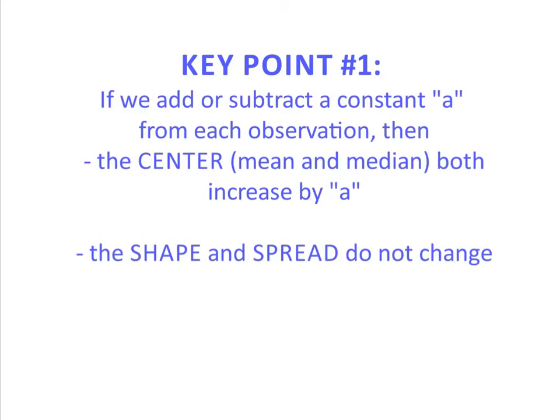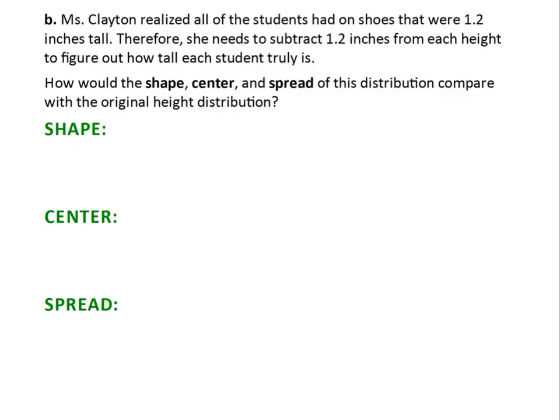If we add or subtract a constant a, so if we add or subtract a number from each observation, then the center will increase by a. So the mean and the median are going to increase by that number a. Whatever I'm adding, they're going to increase by that amount. But the shape and the spread do not change.